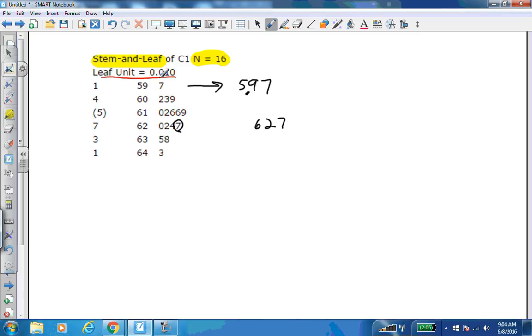In order for our leaf to be in the hundredths position, the decimal would go there. So these numbers range from 5.97 up to 6.43. That lets us see what the range of values is.